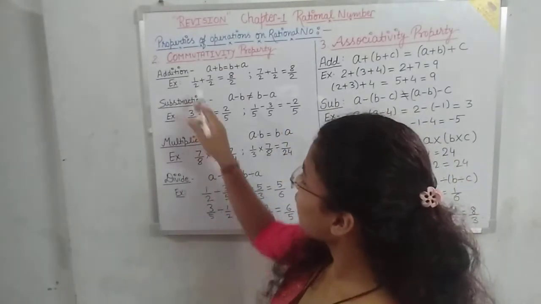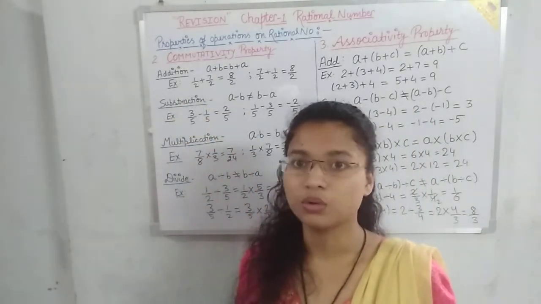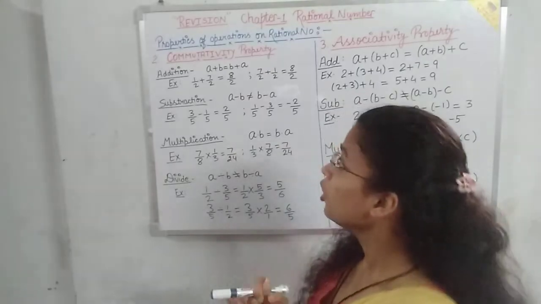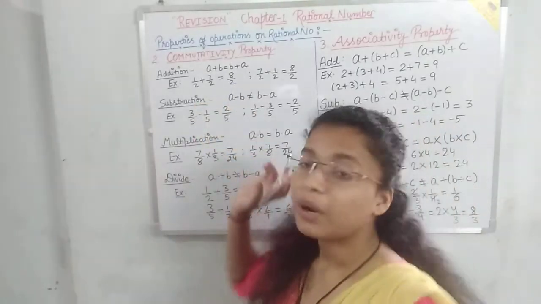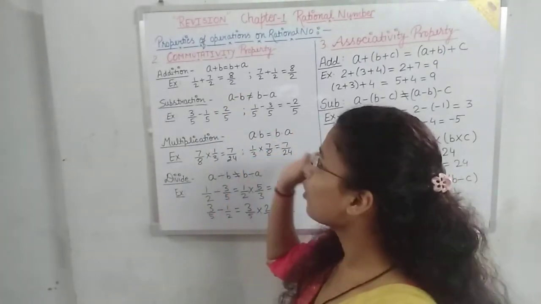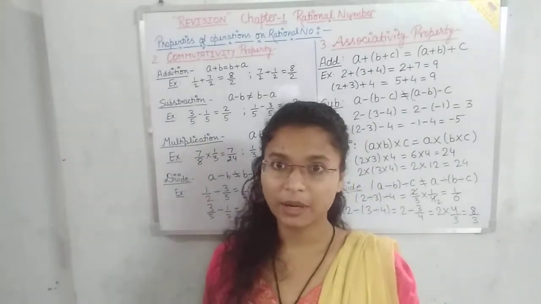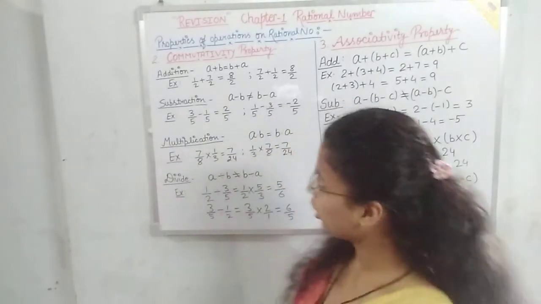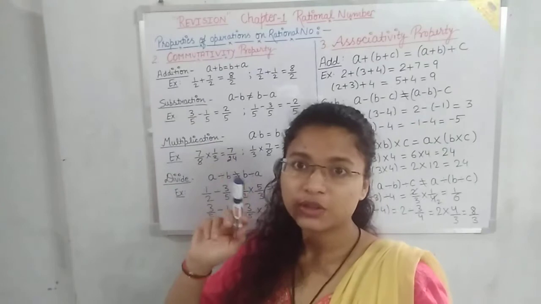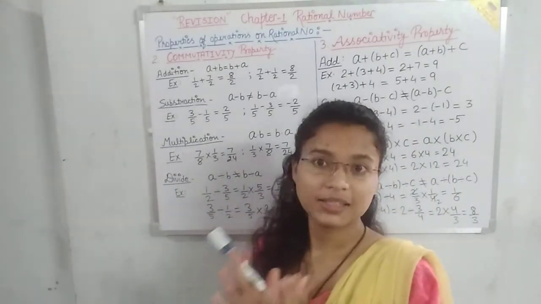Suppose a is equal to 1 upon 2 and b is equal to 7 upon 2. First of all you add them. When you add, you will get 8 by 2. You can cancel this also, but it is not required here. Now change their position and then add them and check whether the answers are the same or not.